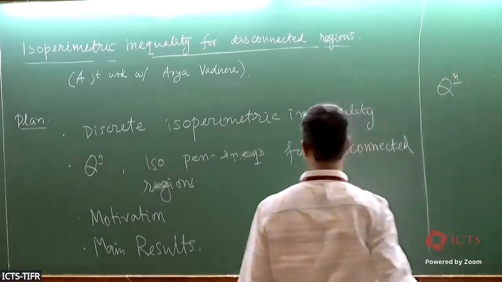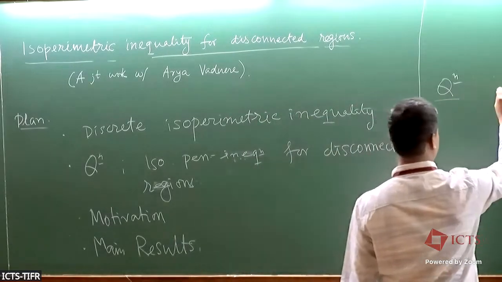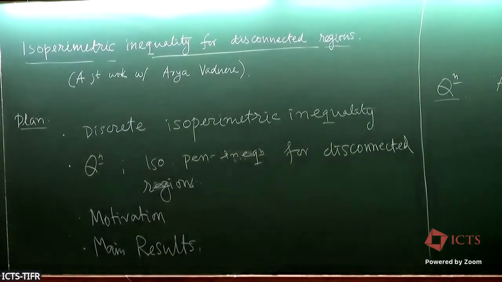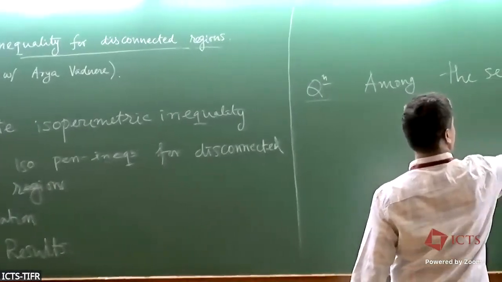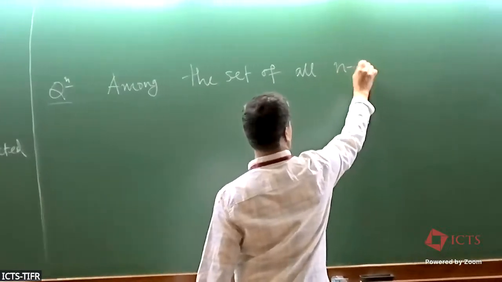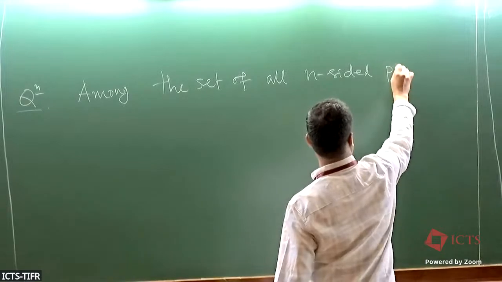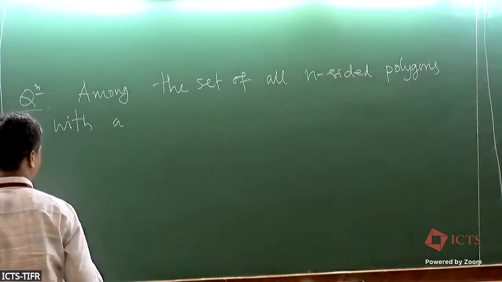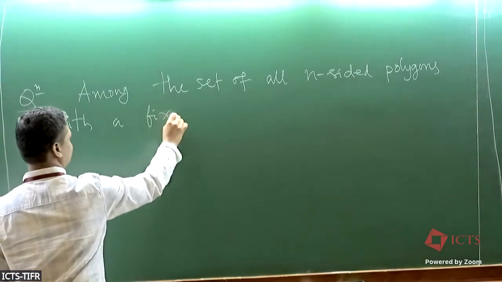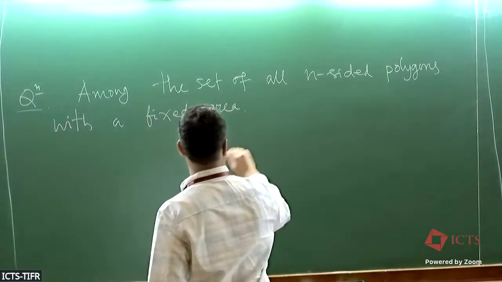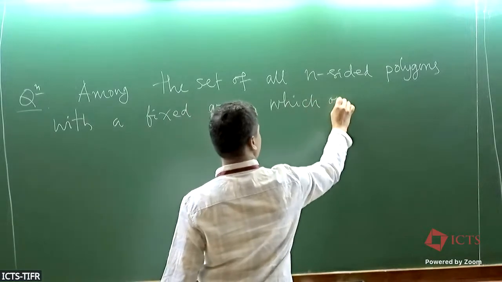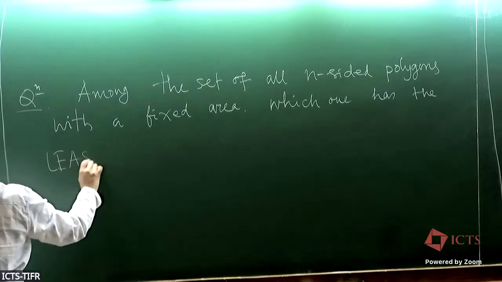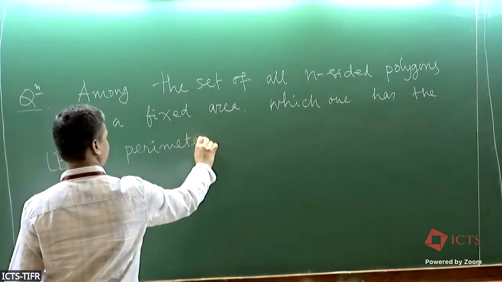The discrete isoperimetric inequality asks that among the set of all n-sided polygons with a given fixed area, which one has the least perimeter? So this is the question.